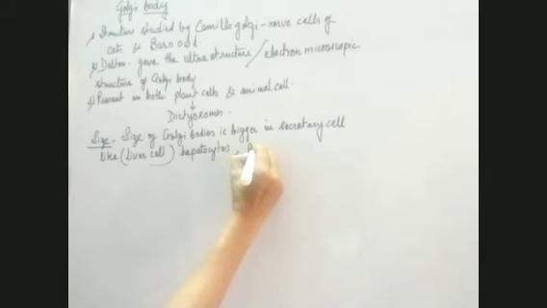Like liver cells. Liver cells are also known as hepatocytes. Cytes means cells, hepato means liver. Like hepatocytes, they are also big in other secretory cells like pancreatic cells.